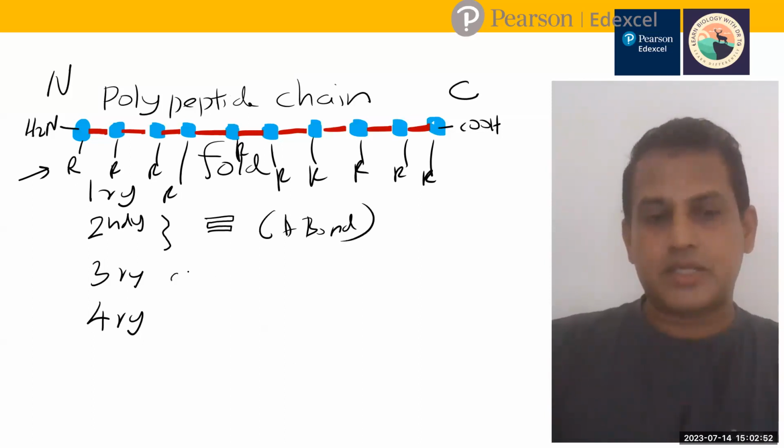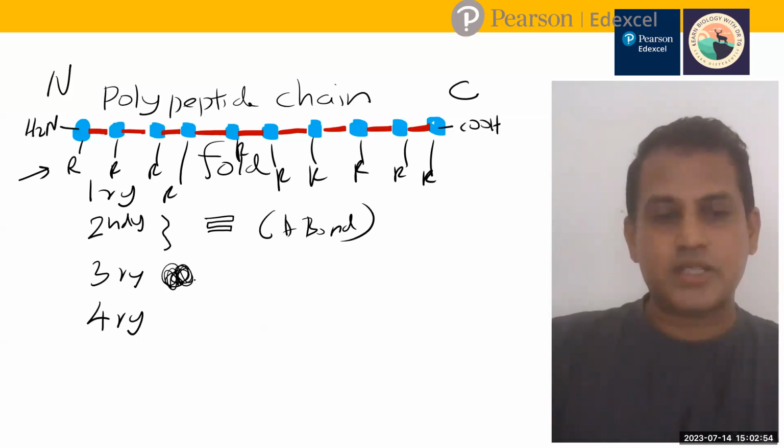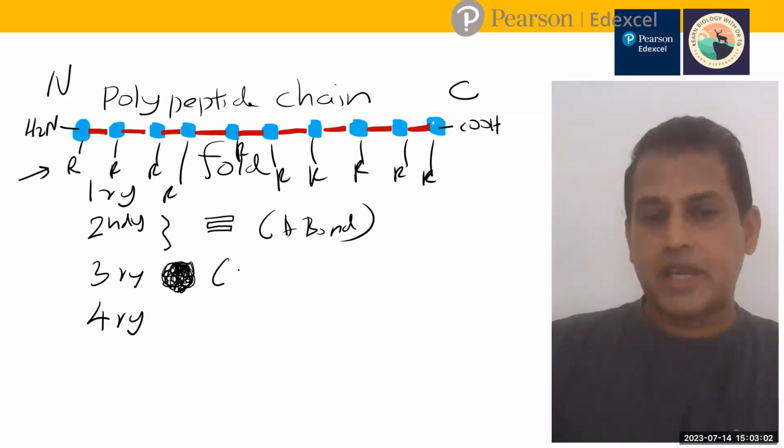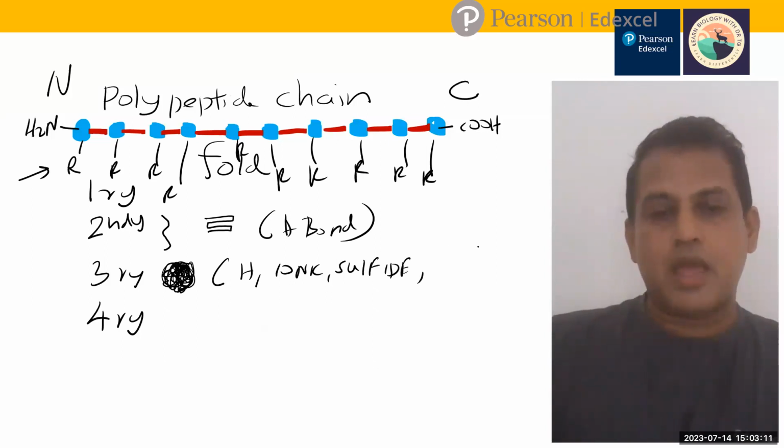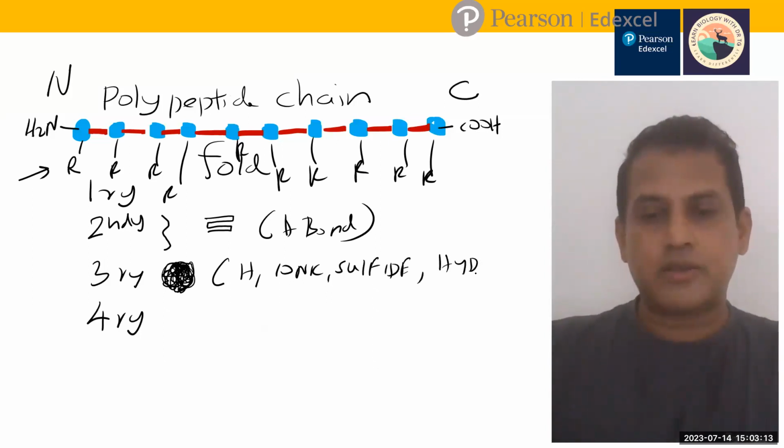Tertiary structure is the 3D structure of the proteins, and we can find the complete structure of the protein, final version, and this has other types of bonds: hydrogen bond, ionic, sulfide, hydrophobic, van der Waals bonds.